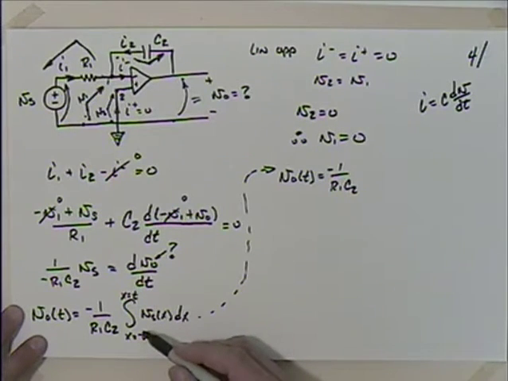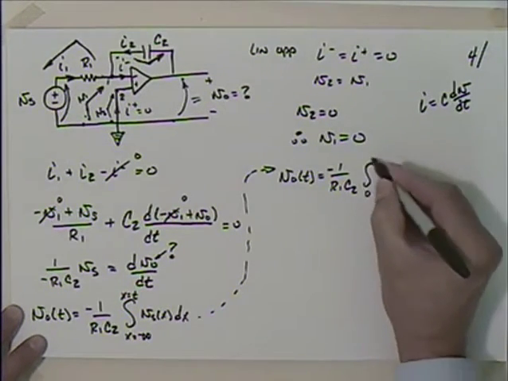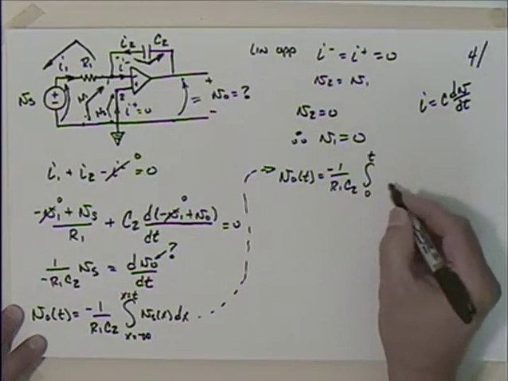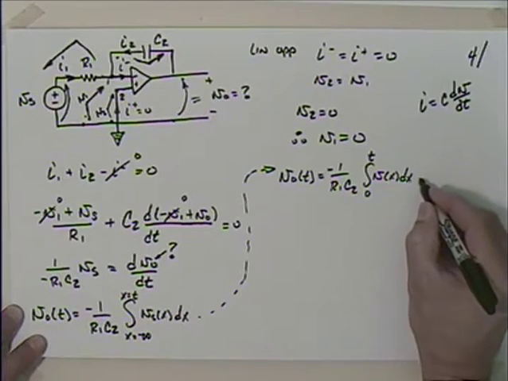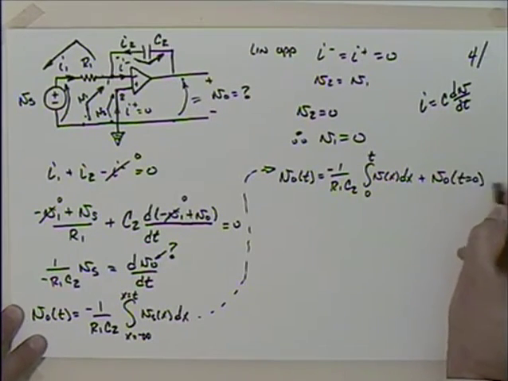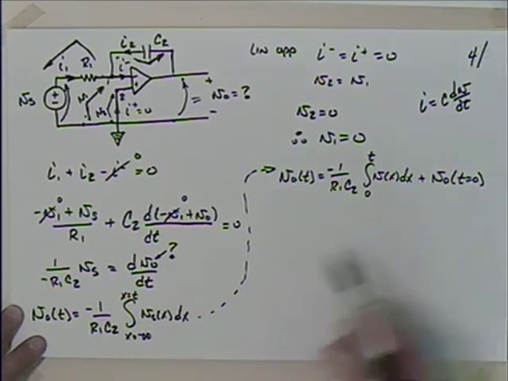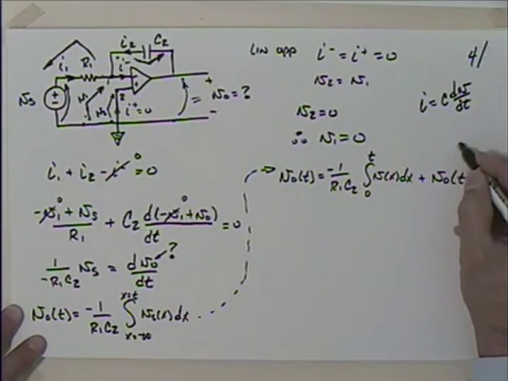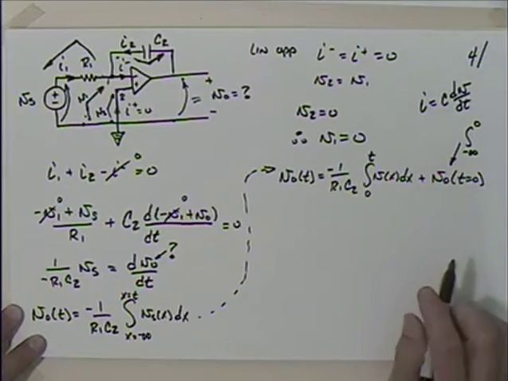I'm going to break it up and say it goes from 0 to t of Vs of x dx. And then I'm going to have V0 at t equals 0, indicating the initial charge, because I took the integral from minus infinity to 0. That's what this is, the integral from minus infinity to 0.